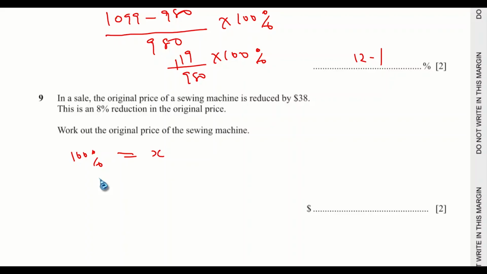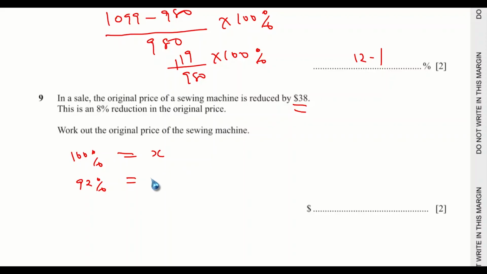If there is an 8% reduction, that is the reduction given, so it was sold at 92%. So at 92%, you should have what? So the original price was reduced by this.